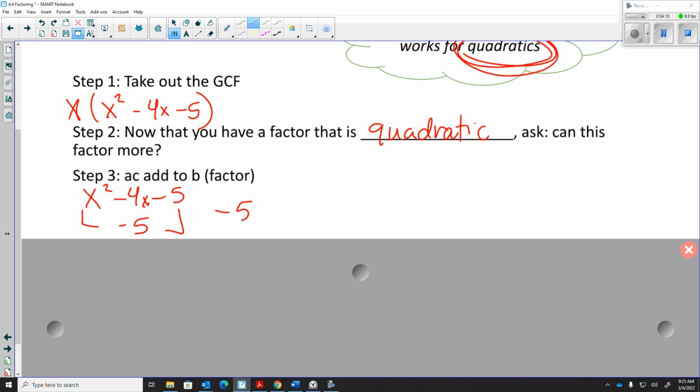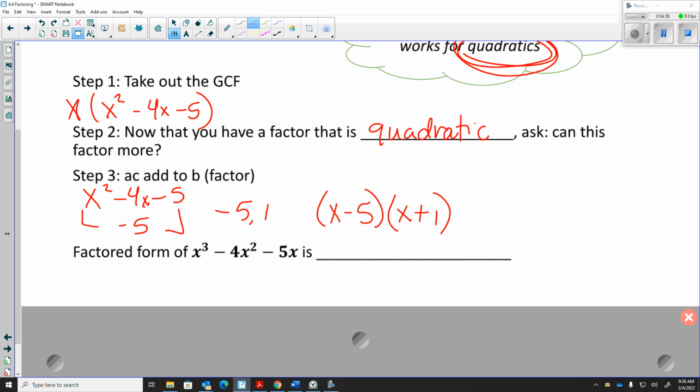And since a is 1, what can you do? Since a is 1, you don't need to do all the grouping stuff. You can skip all those steps and just put your factors together. X minus 5, x plus 1. Okay? So far, so good?